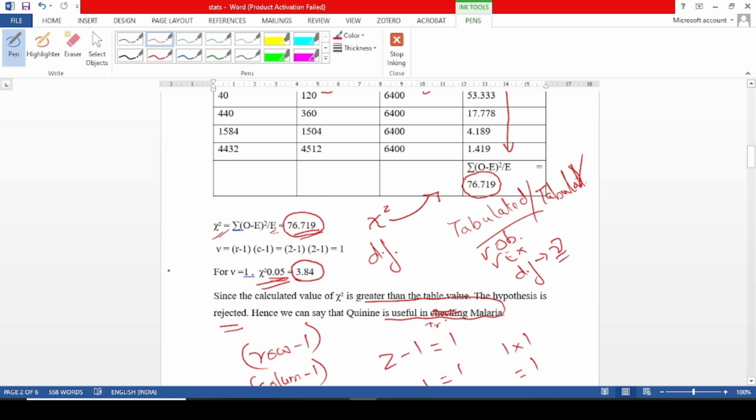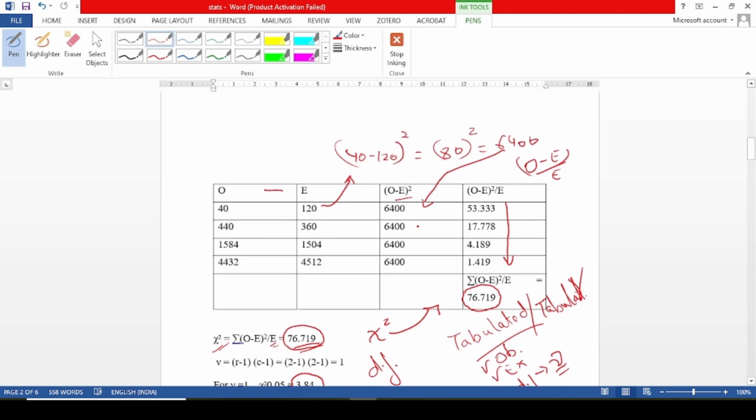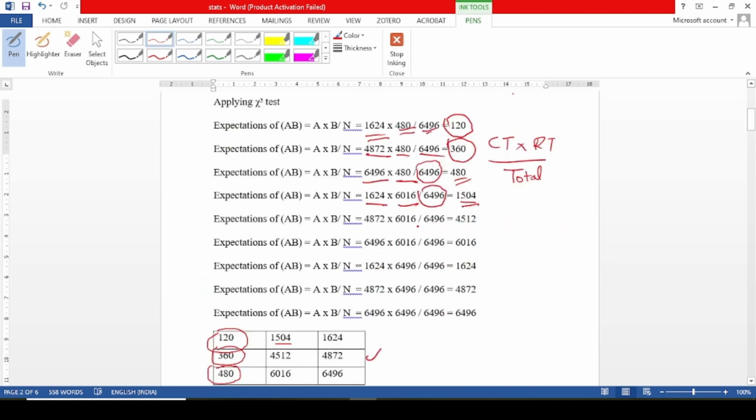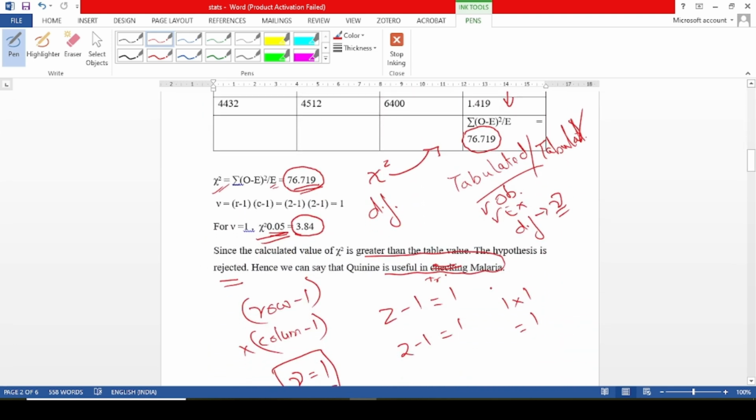Whenever we fix the hypothesis, there is H naught and HA, the alternate hypothesis. H naught states that there is no relationship, and HA says that there is a relationship.